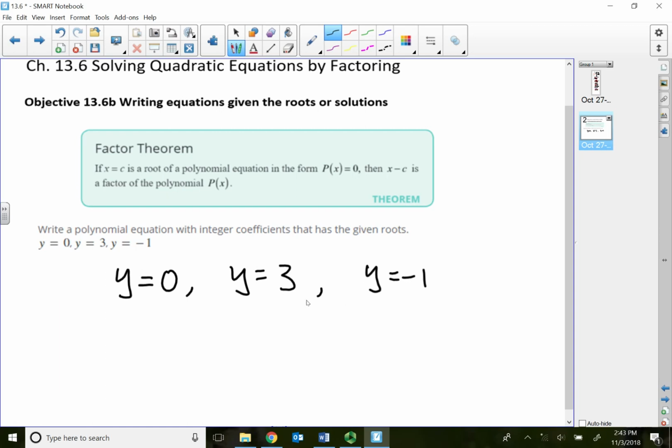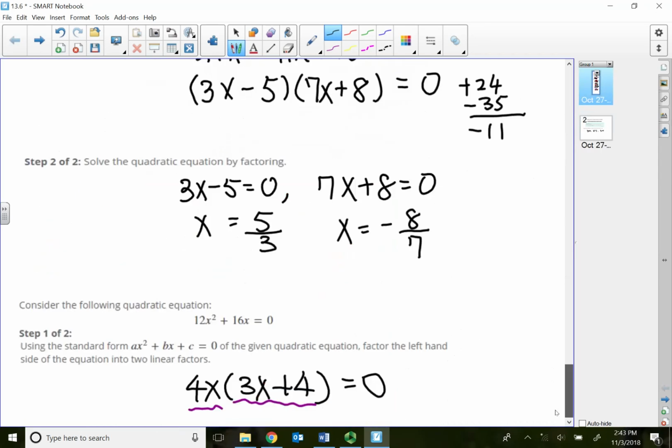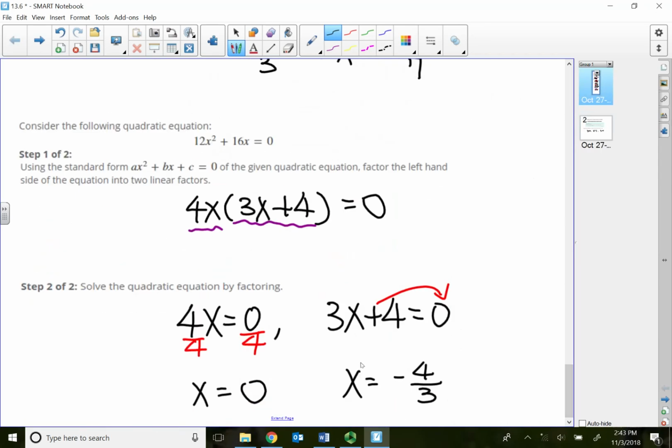So what was the step before we get our answer? We move a term to the right side, and then divide both sides by the coefficient. So now we just kind of reverse everything we do.